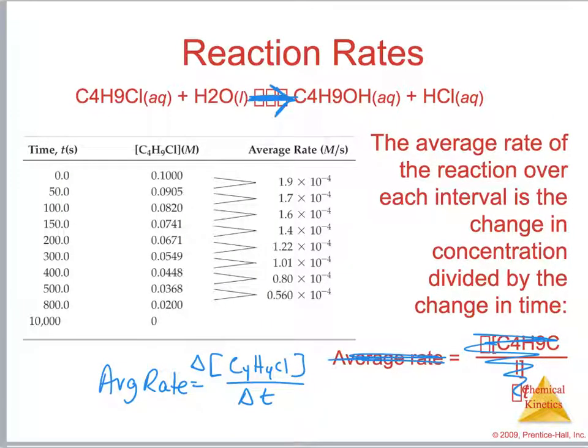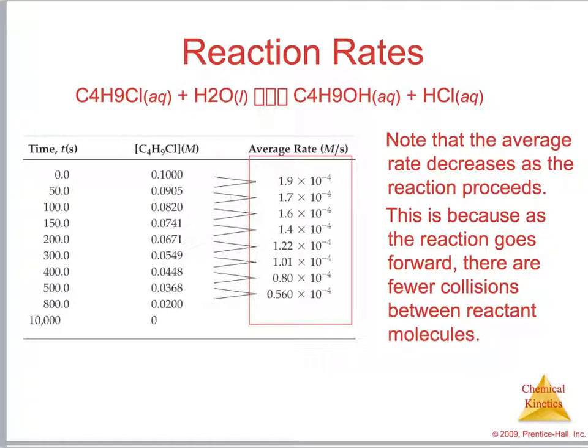So since the average rate of the reaction is the change in concentration divided by the change in time, for each of these time intervals here, we can calculate an average rate. And you'll notice that it changes over time. The average rate at the beginning is faster than the average rate at the end.